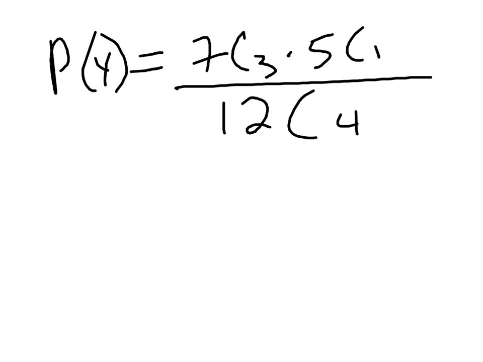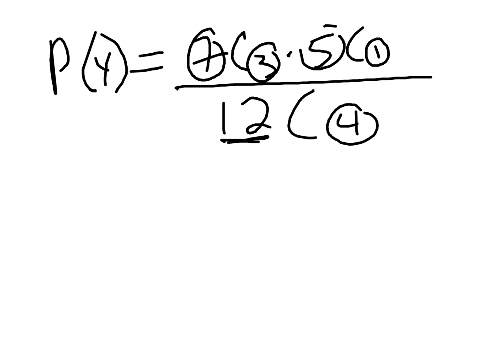What I was trying to point out, and this will always be true, is that the first numbers we're choosing from in our combinations will always add up to the first number in our denominator. And the second numbers of the combinations, the number of women and men we're actually choosing, will always add up to the total number selected, in this case for the committee.